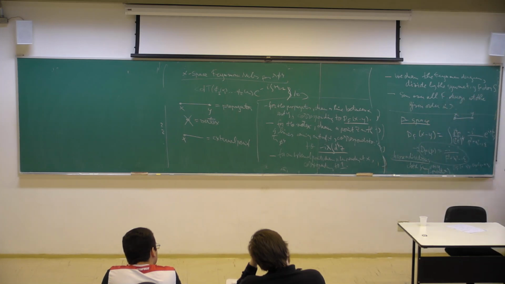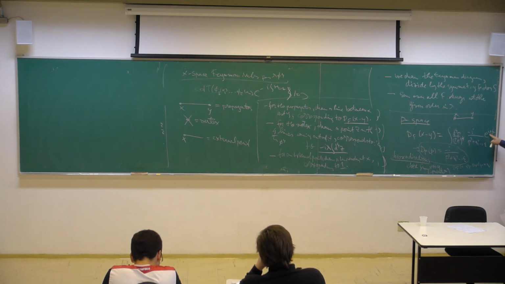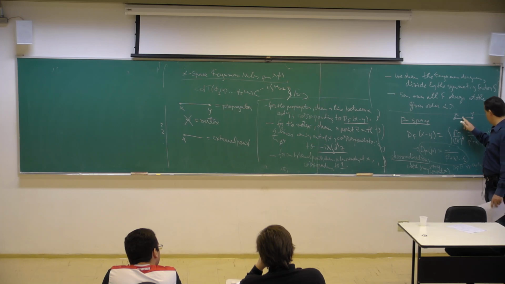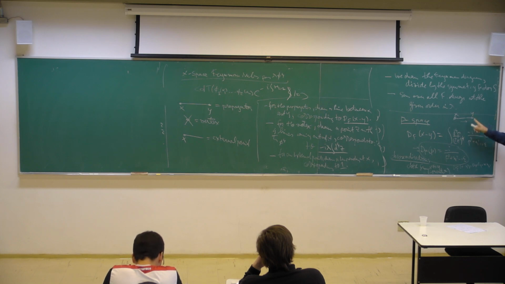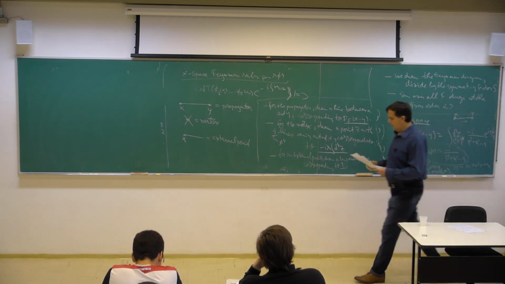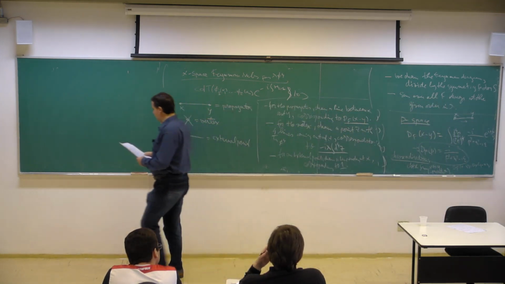I'm in momentum space, but then I have a factor of e to the I px associated with x, and so I've chosen my direction to be this one from x to y, and then I have e to the I px associated with x and e to the minus I py associated with y, right?